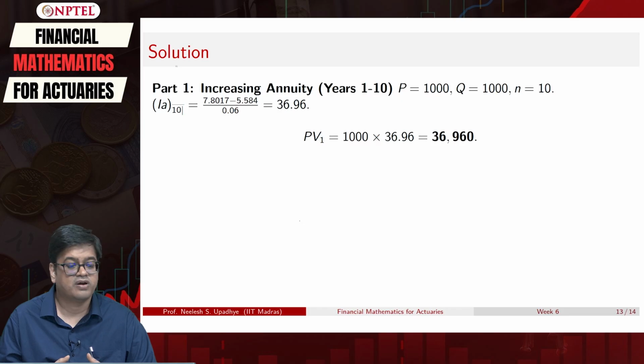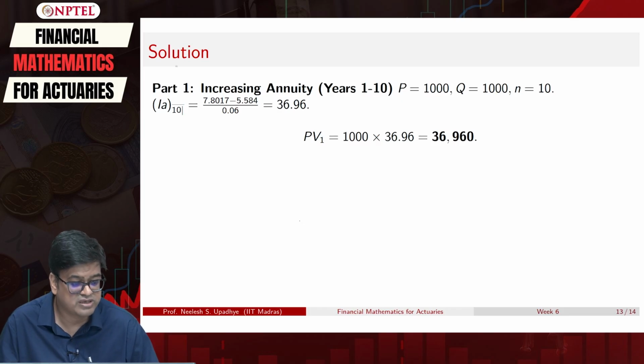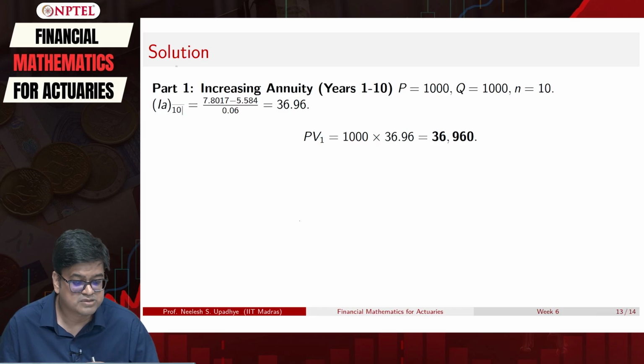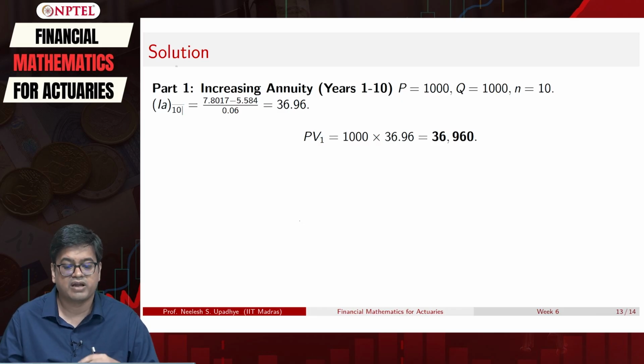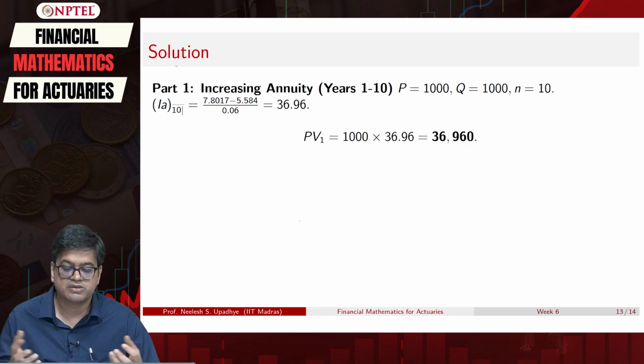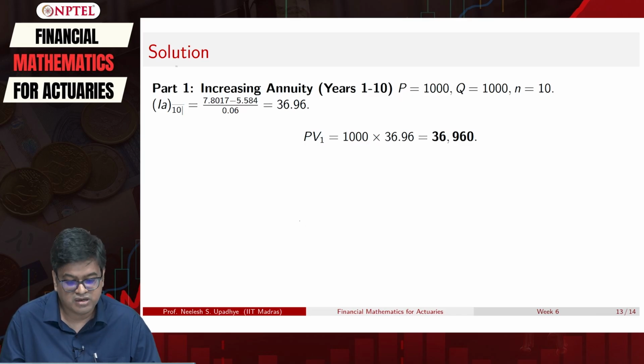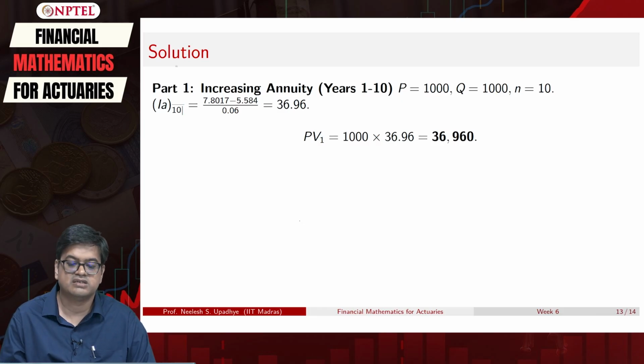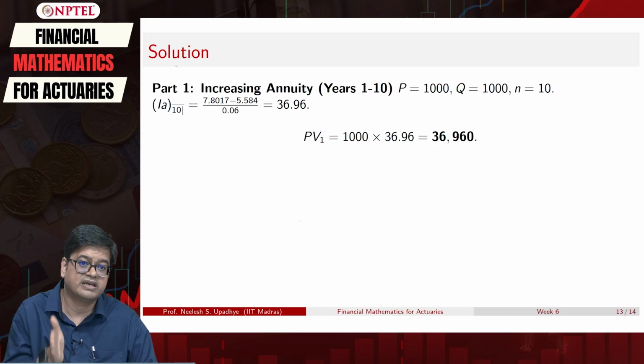So, I will simply deploy the increasing annuity formulation that we have, and from the interest rate of 6%, we can easily see that increasing annuity comes out to be 36.96, which we will multiply to, because here P is equal to Q, P or Q, whatever you say, 1000 into 36.96, that gives me 36,960.